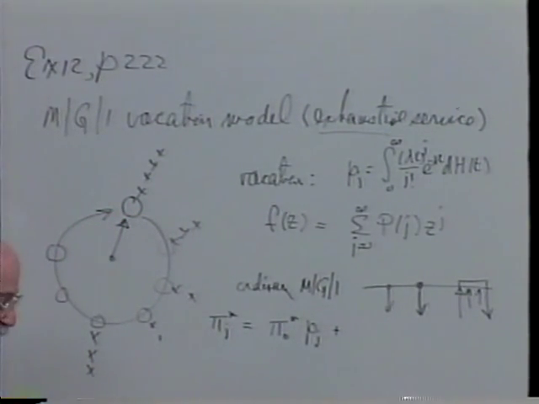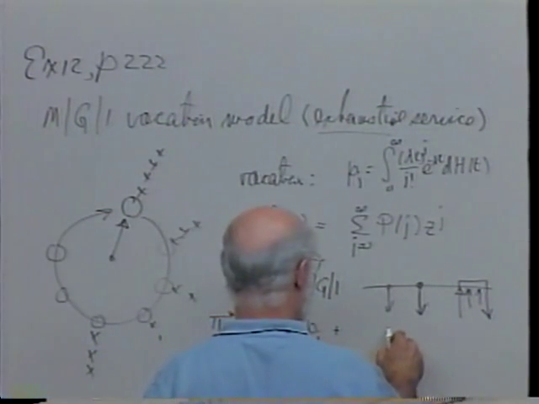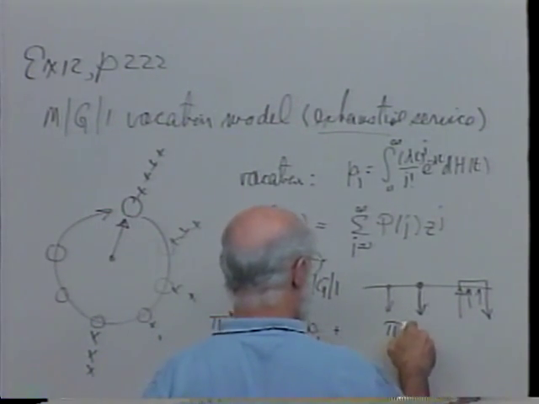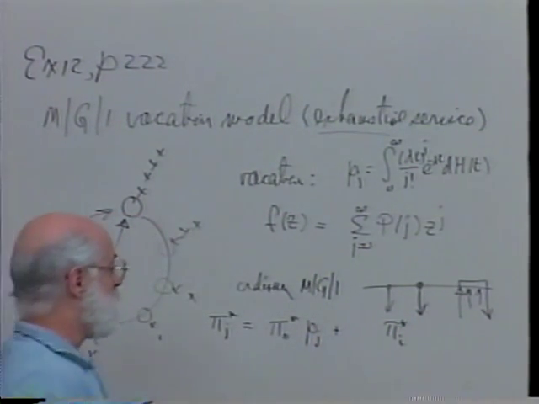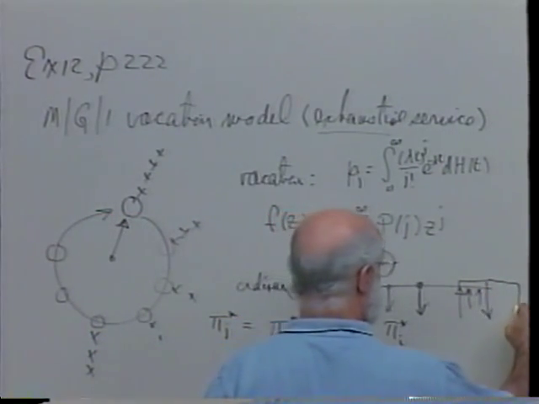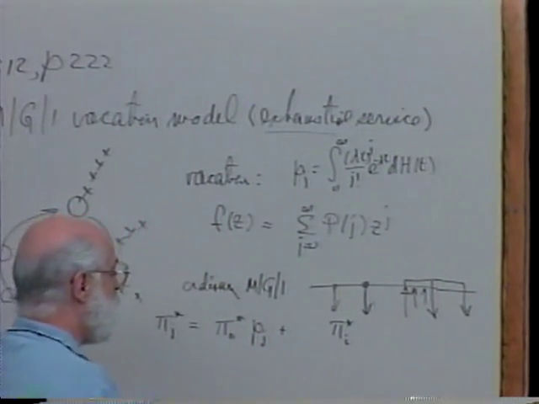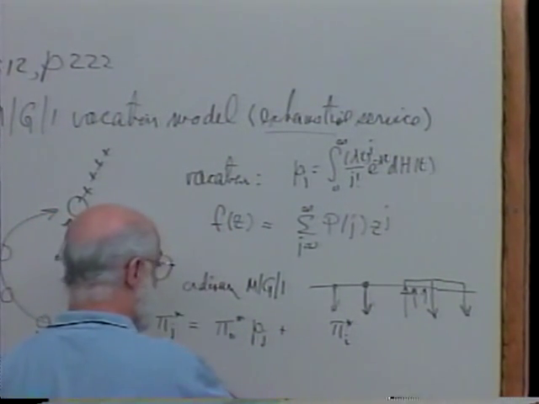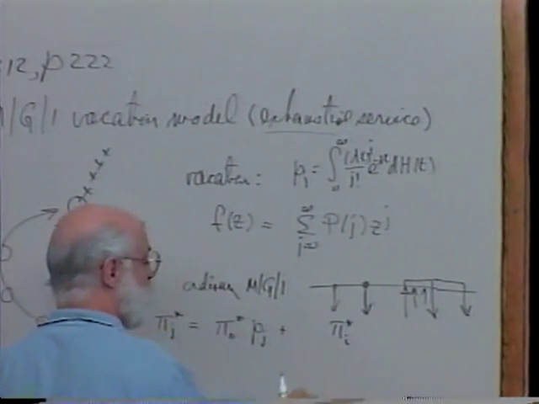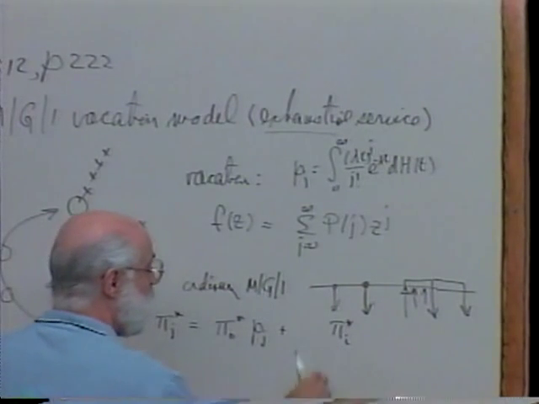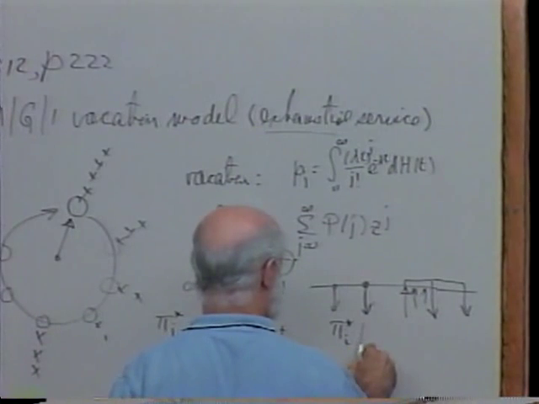Okay, now suppose that the previous departure did not leave the system empty. So suppose he left it in some state I, where I is greater than 0. What that means is that he will leave behind j if this guy left behind I, and during the service that then begins when this guy leaves, exactly j minus I plus 1 new customers arrive.